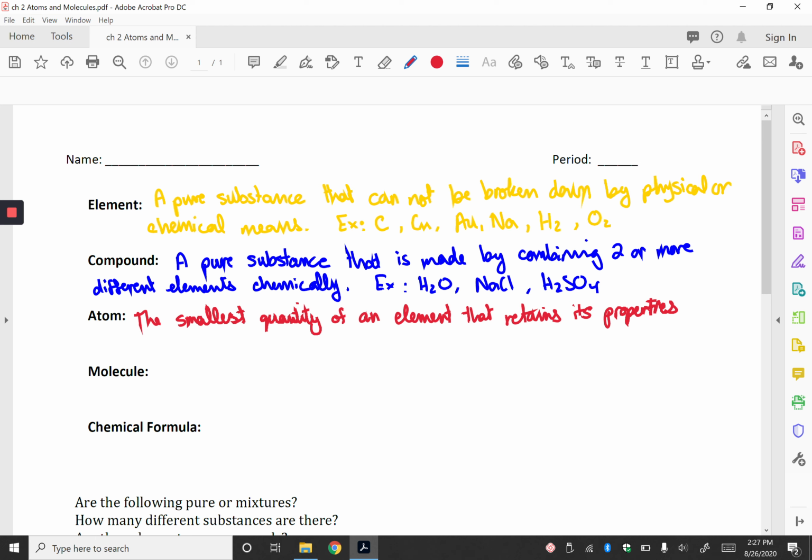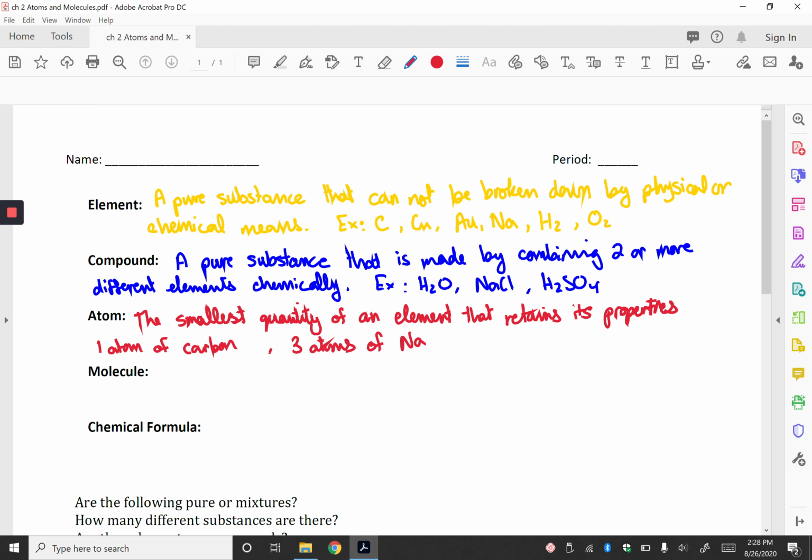So, for example, I can say I have one atom of carbon, or 3 atoms of sodium, and so on. So the term atom kind of signifies quantity.